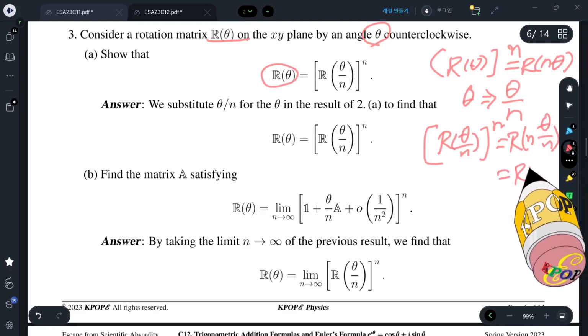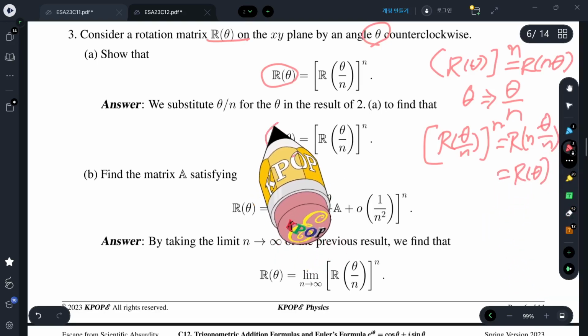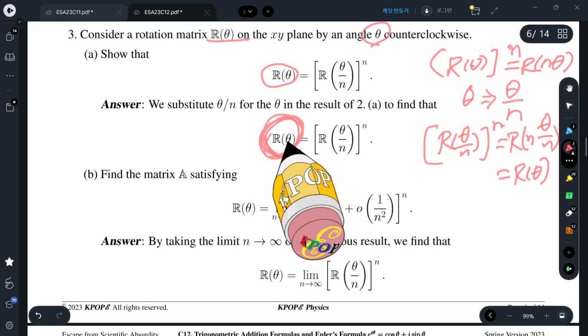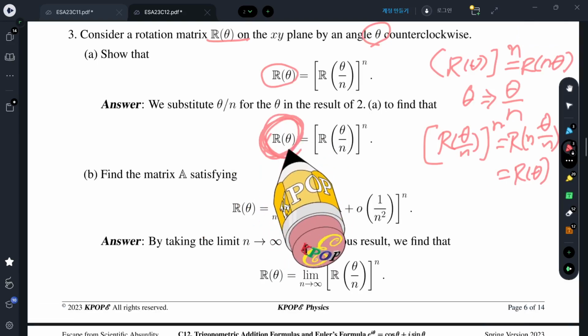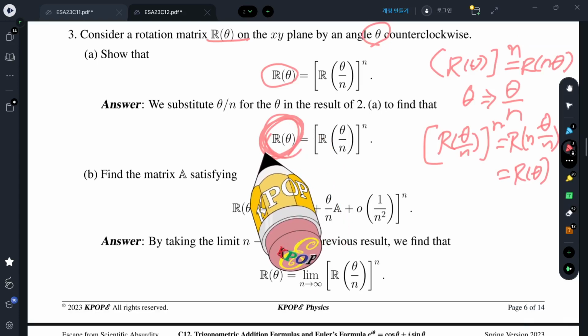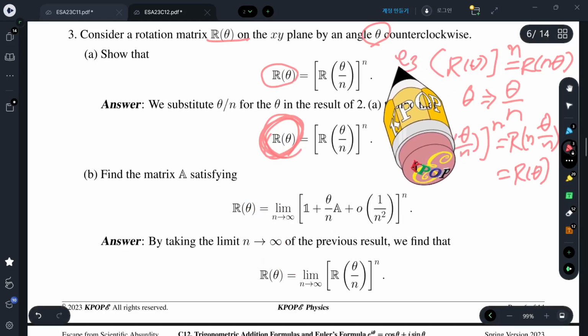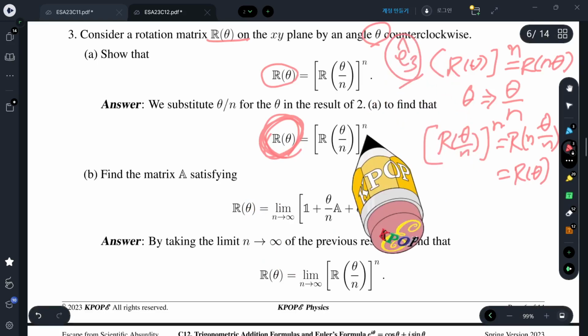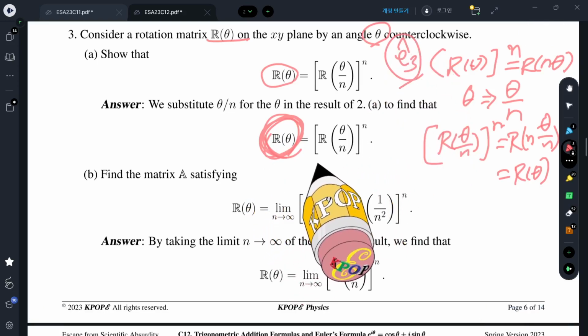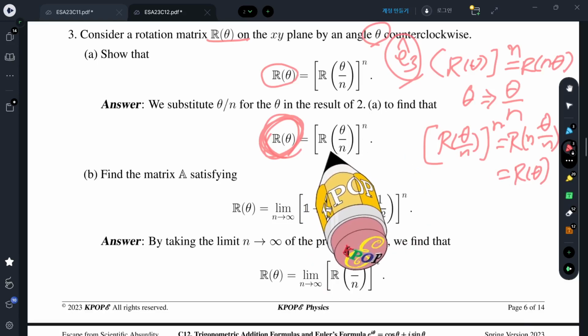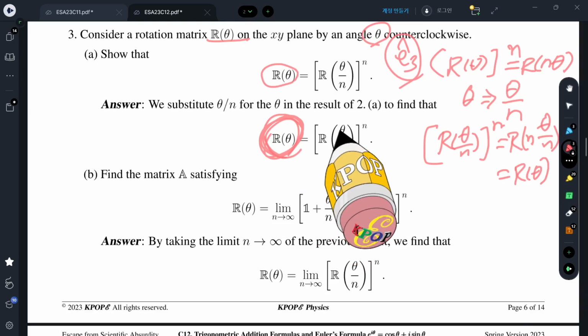That is R theta, right? Therefore, an arbitrary rotation matrix of angle theta about a single axis, that is the e3 axis, is identical to the multiplication of n times of this rotation matrix.